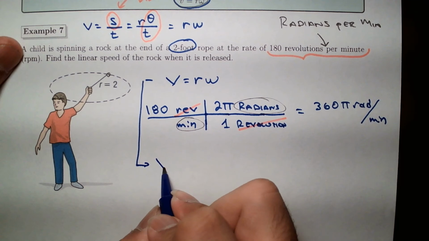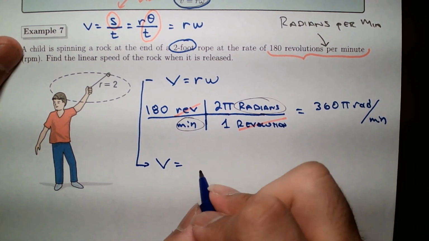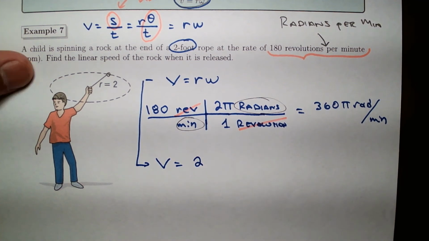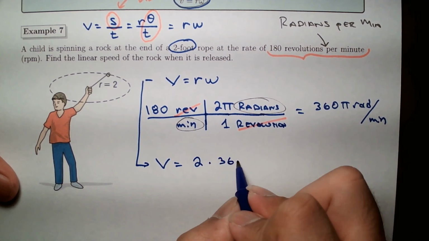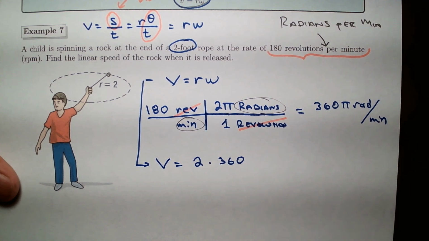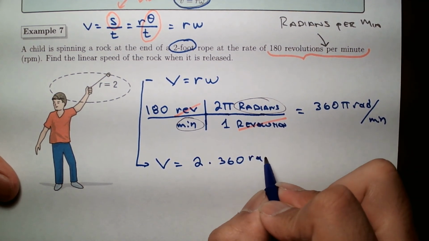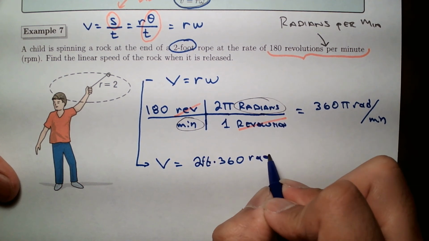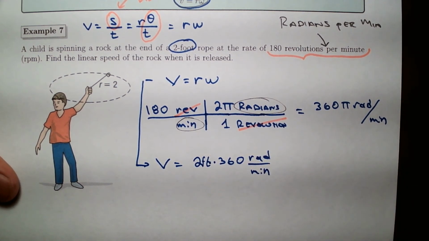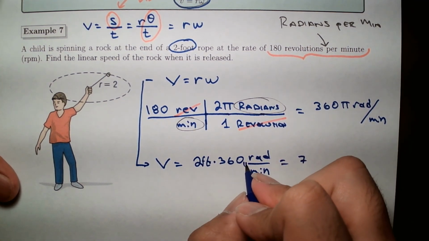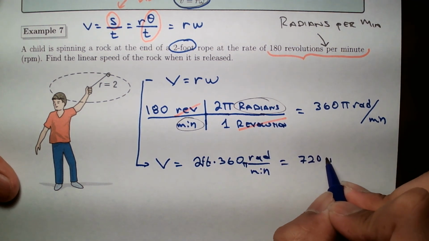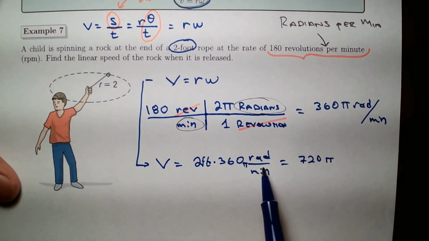The linear velocity will be the radius, which is 2 feet, times 360 pi, not feet per minute, radians per minute. Just multiply this and we have 720 pi.